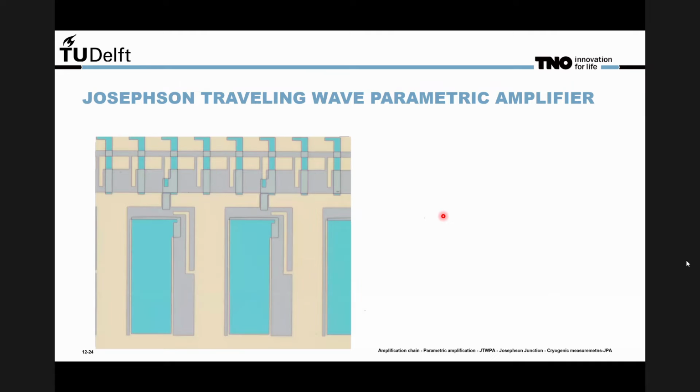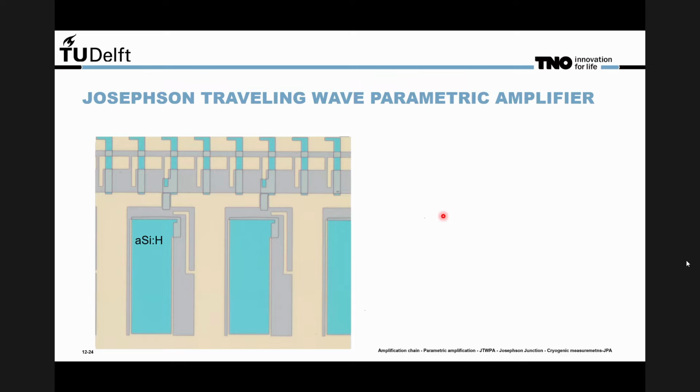Then we deposited a dielectric. This is used for the parallel plate capacitors. And the dielectric was deposited using PECVD, which is plasma enhanced chemical vapor deposition. And the dielectric we used is a low loss dielectric, hydrogenated amorphous silicon.